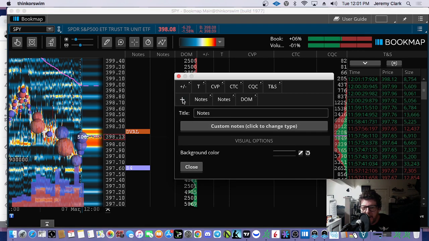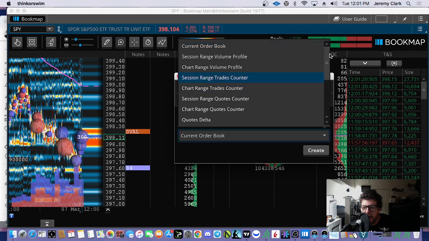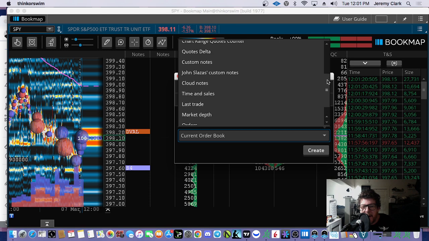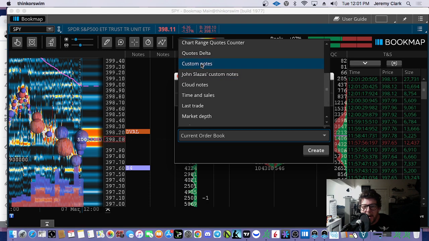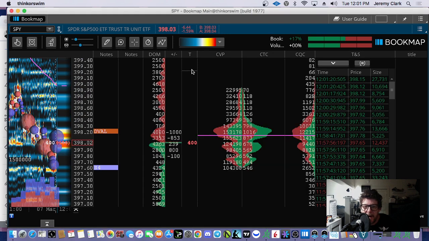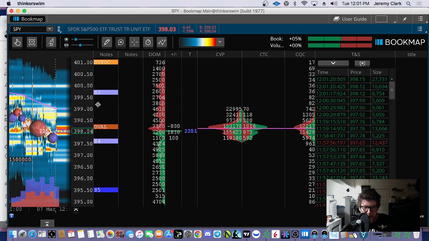You have to go over here to the plus sign as if you're adding a new column. And then right here you would type in notes, and then there's a scroll down menu with a right slider bar here. And way down here, custom notes. That's how you would add that to your Bookmap settings. This helps a lot if you want to add in pivot points and whatnot to watch. You can see I have S3, S5, VPOC, things like that.